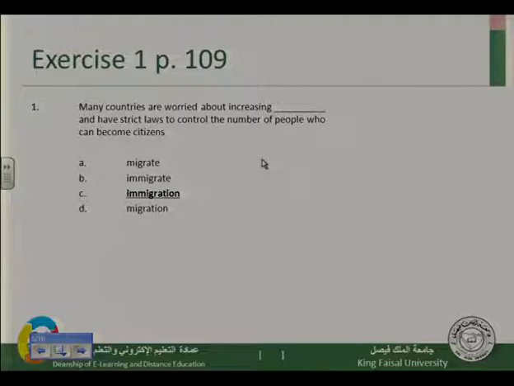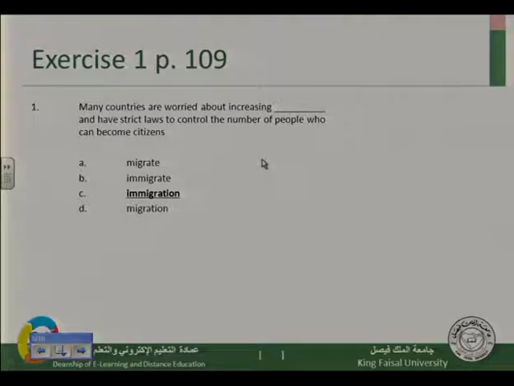Okay. Finally, another example question that might occur in the final exam is such as the one in exercise 1 on page 109. So this requires you to choose the correct form of the verb, which is a common question in any test of the English language.